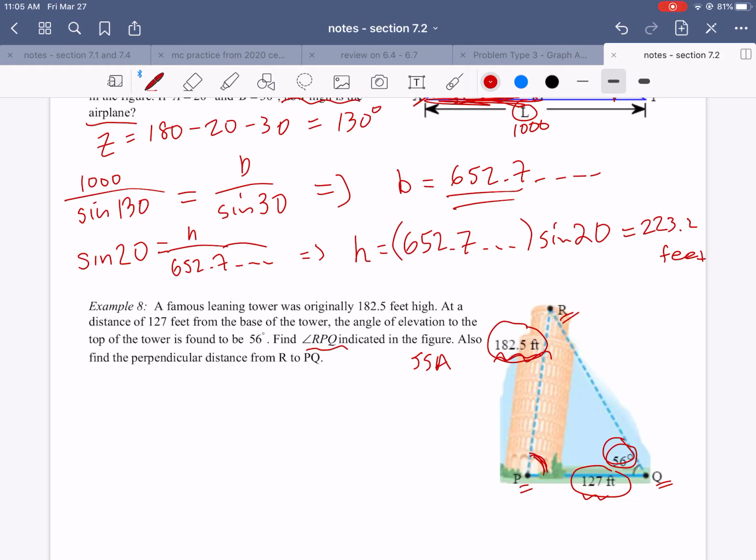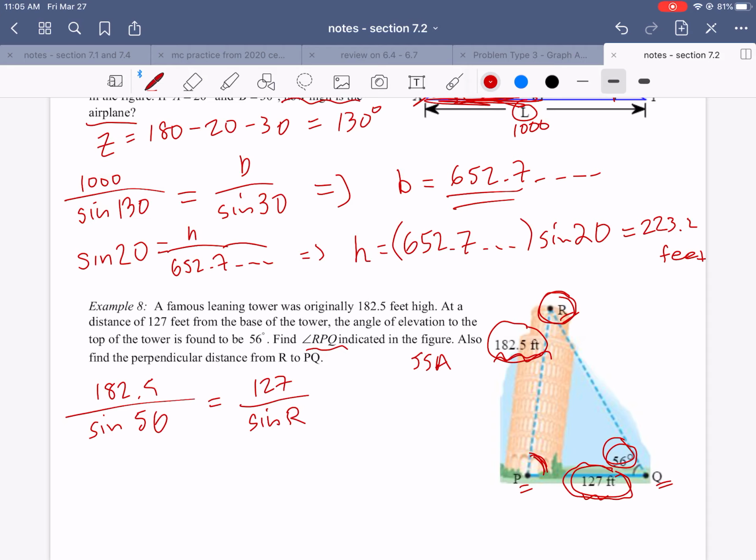Okay, so I'm going to set up that ratio. The side is 182.5 divided by the sine of the angle, which is 56. And I'm going to set that equal to the only other ratio that I can set up, which is 127 divided by the sine of the opposite angle to that, which is r. So this is going to be 127 divided by the sine of r.